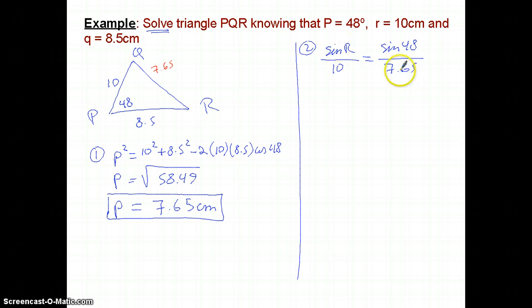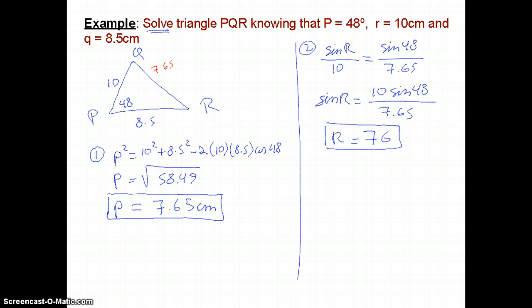Because 7.65 is diagonally across, I know that sine R is equal to something divided by 7.65, and the something is 10 sine of 48. Now I'm going to do this in the calculator and then take inverse sine, and that will give me an approximate 76. So now R is 76.